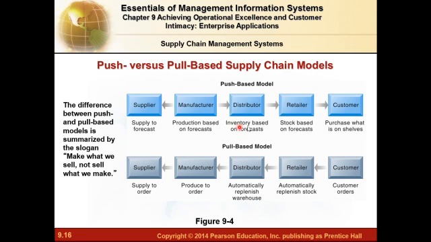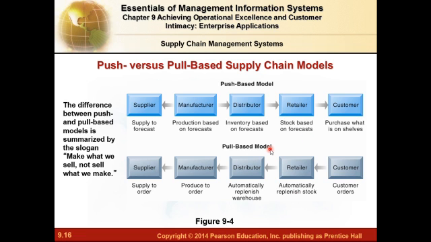The inventory of the distributor is also based on forecast, goes to the retailer, who also has stock based on forecast, and then the customer purchases what is on the shelf, based on the forecast of what the customer wants. So the manufacturer decides what production they want to make.